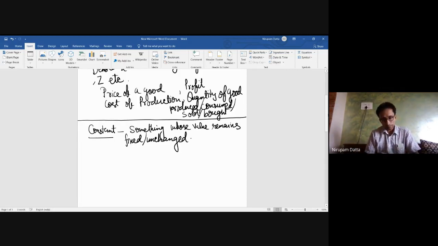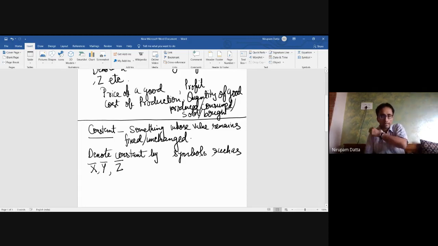We usually denote a constant by symbols such as x bar, y bar, z bar.